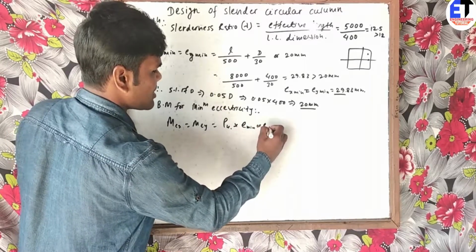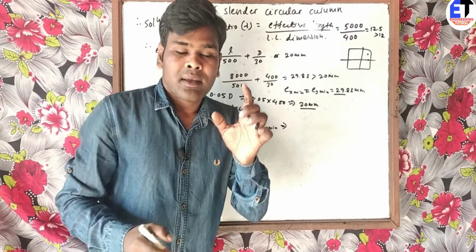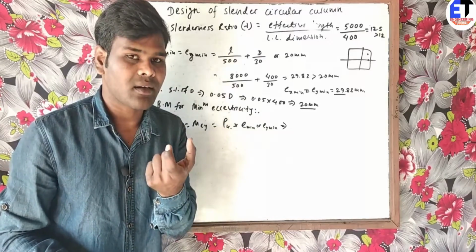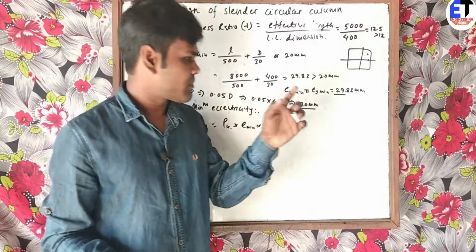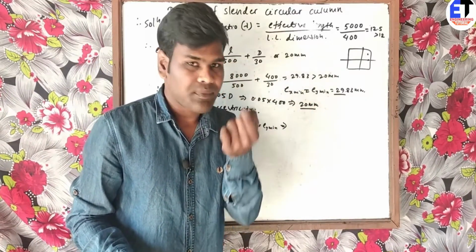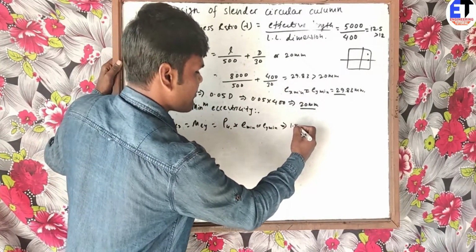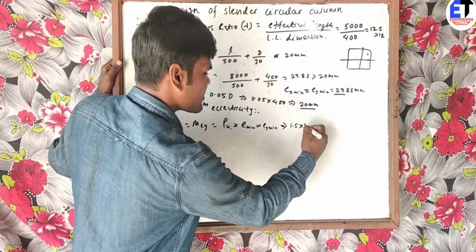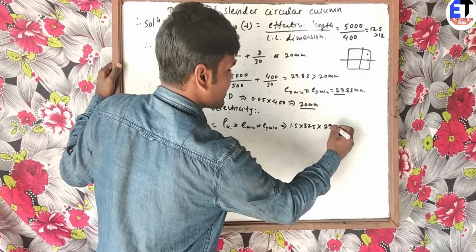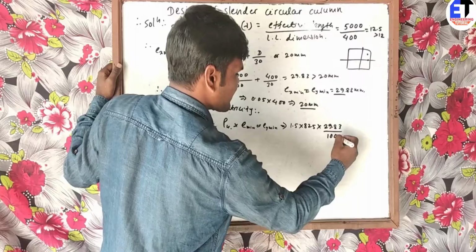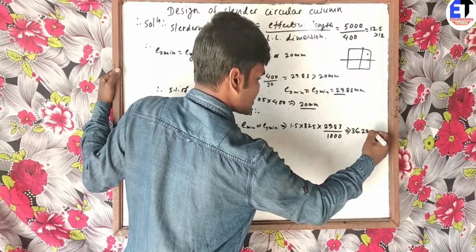Our axial load is the working load, means service load. So we have to calculate in the limit state method, multiplying by the safety factor 1.5. So 1.5 into 825 into 29.83 divided by 1000 gives our bending moment of 36.96 kN·m.